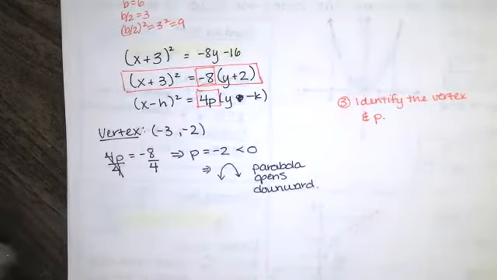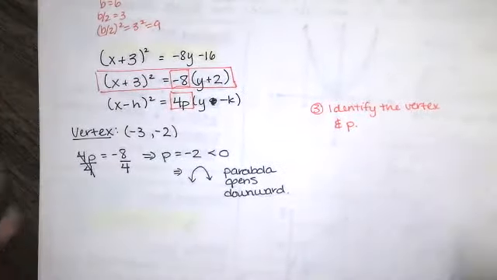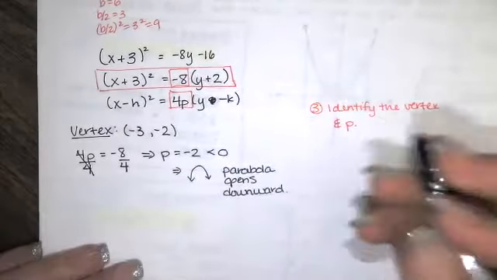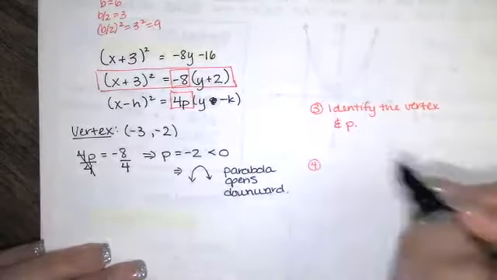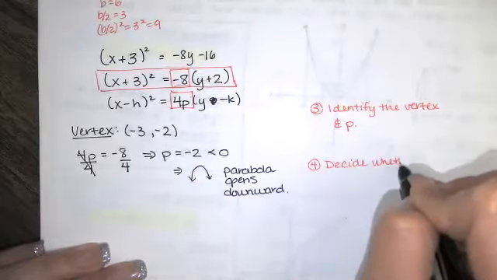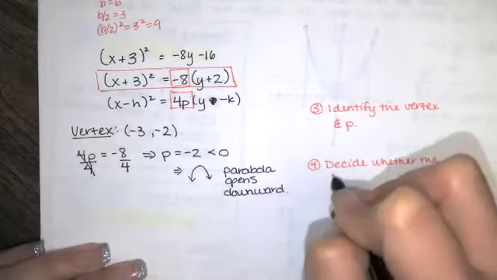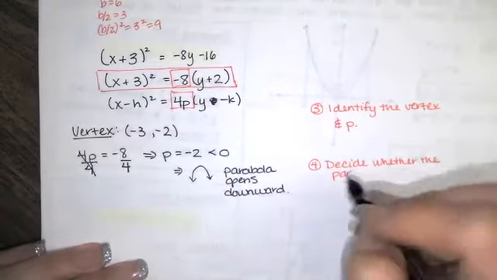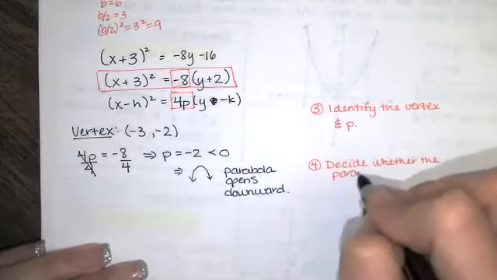So even though I didn't write it over here in my steps, I guess I should have. We identify the vertex and p, and then we decide whether the parabola opens left or right or upward or downward, depending on the form of your parabola.